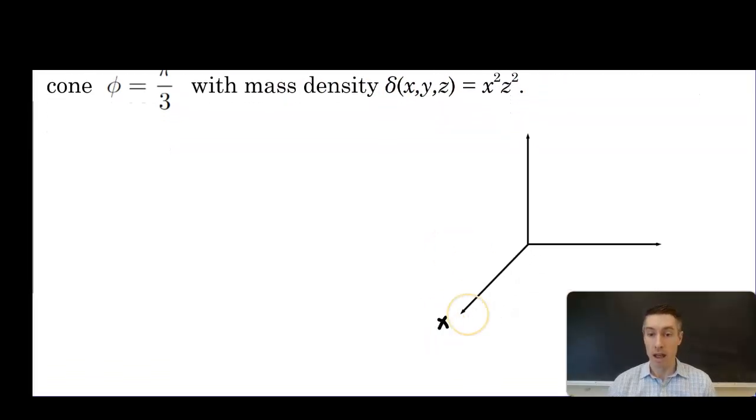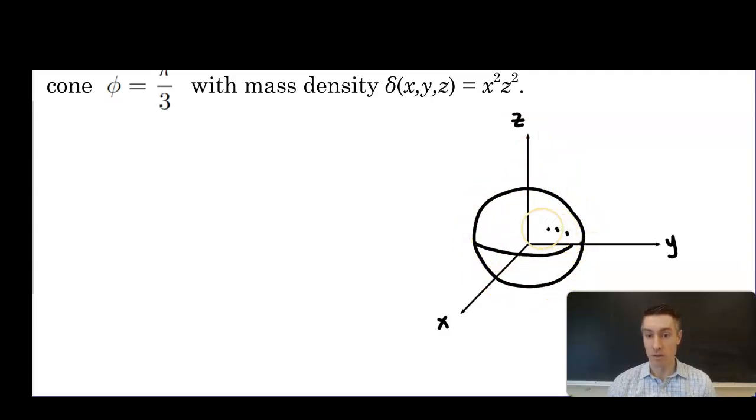We have a sphere and a cone that are defining this solid. So we have a sphere of radius 1, and then we have the cone based off the phi value. If we go pi over 3 off the z-axis, somewhere around there, there would be our cone.